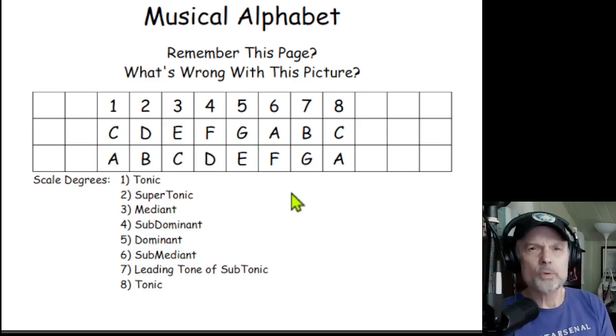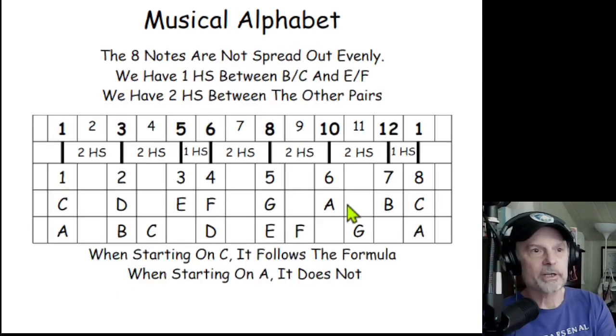However, what's wrong with this picture? What we have learned is that this layout is misleading. The notes are not displayed in their relative spacing since the notes are not spread out evenly. In the key of C, with no flats or sharps, the BC and the EF pairs have no space between them.